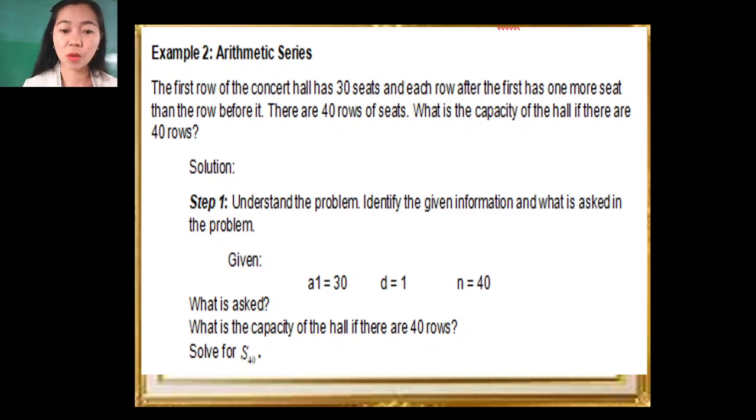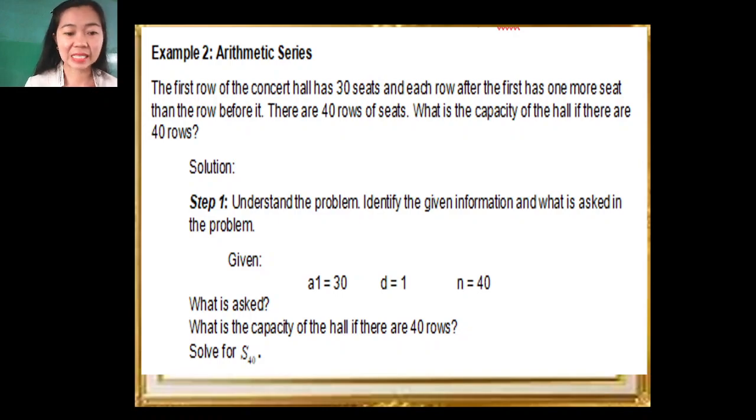So n is equal to 40. Again, the first term is 30. The common difference is 1 since we are adding 1 more seat for each row thereafter. And the number of terms is equal to 40 because we have 40 rows, meaning makaka-form tayo ng 40 terms pertaining to the number of seats per row.